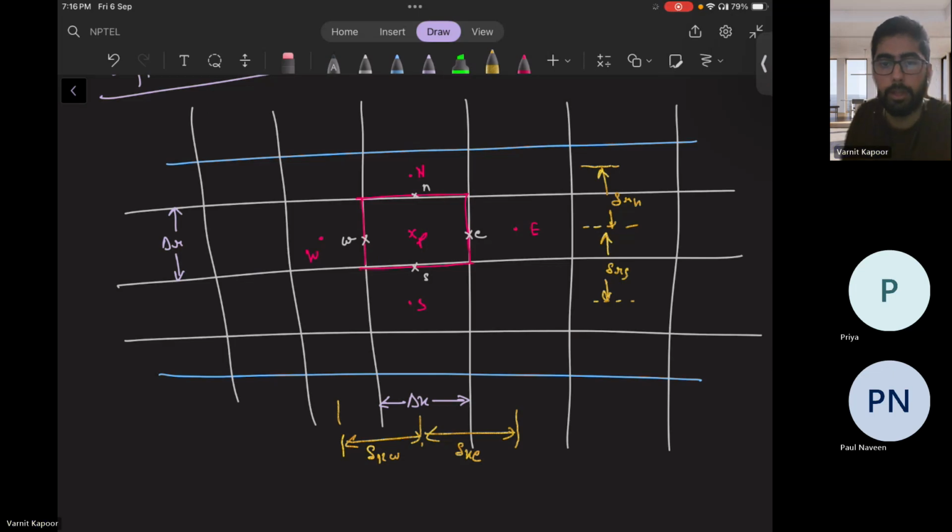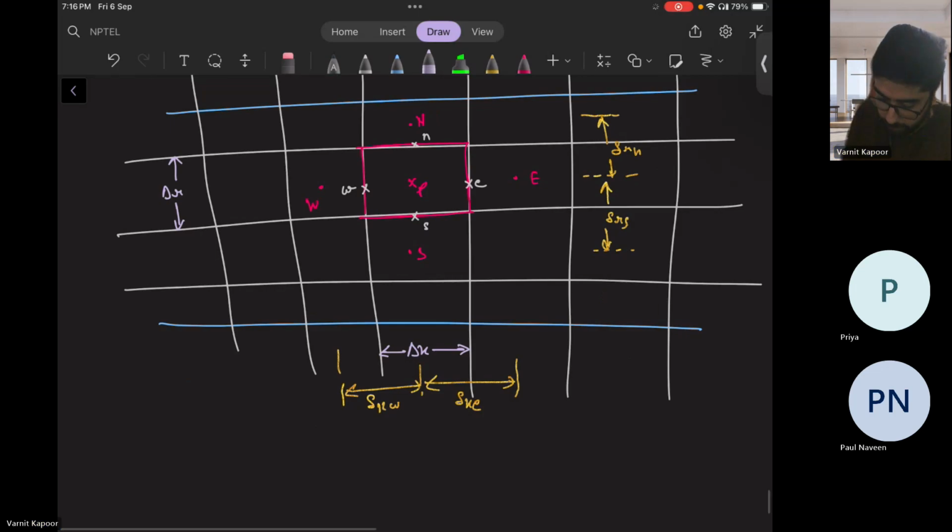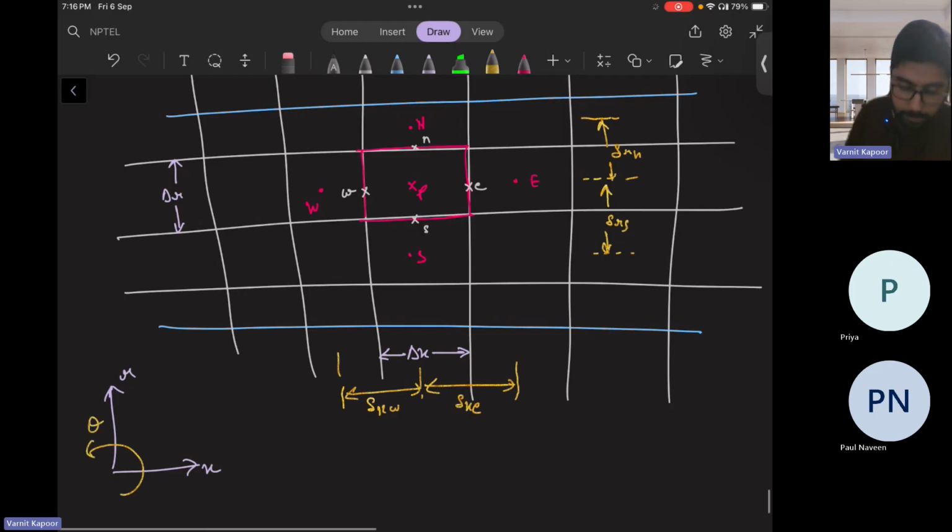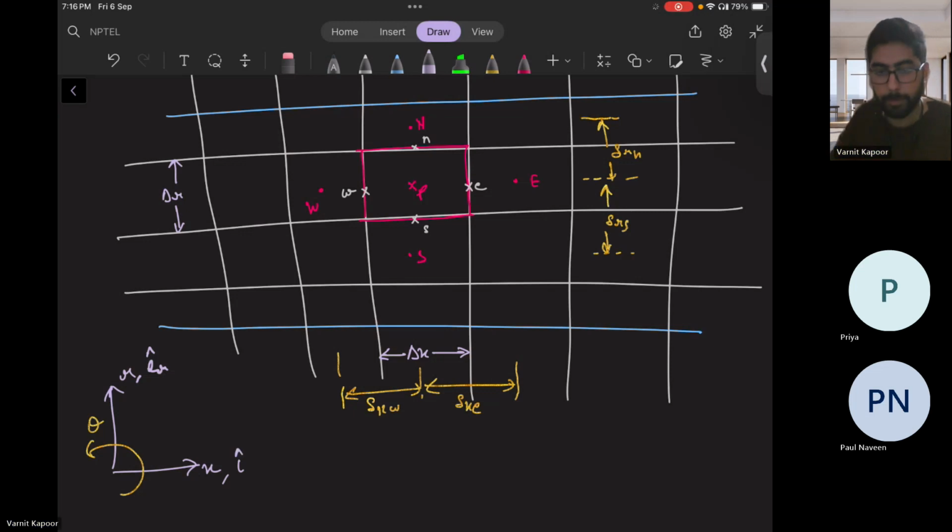Okay. So our coordinate system behaves like this. This is r direction. This is x direction. And this is theta direction. So r has a unit vector of e_r hat, and x has a unit vector of i hat. Okay. Just observe again.